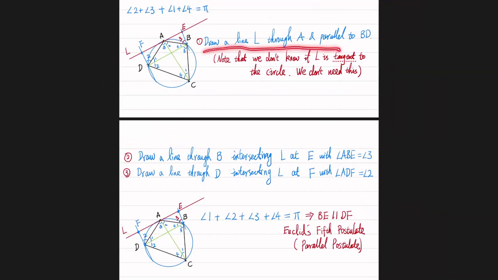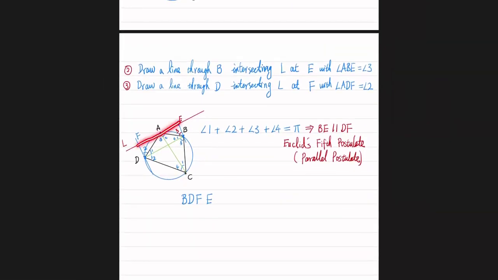Draw a line parallel to BD. So we know that EF is parallel to BD. We just proved BE parallel to DF.